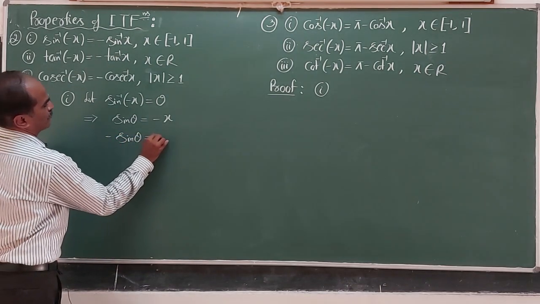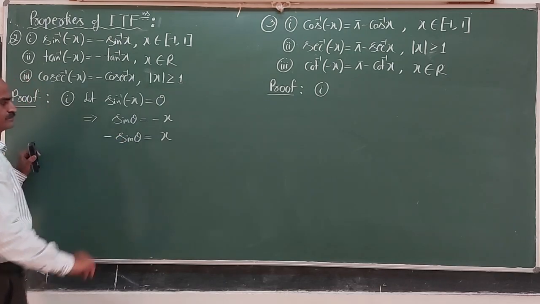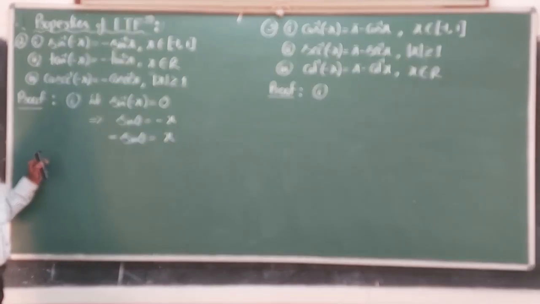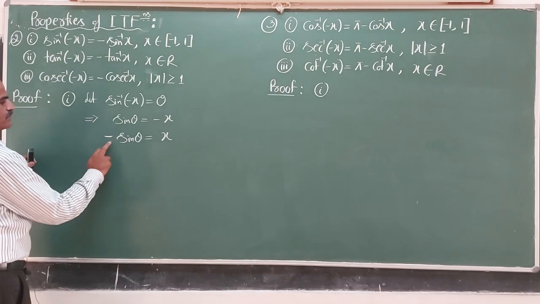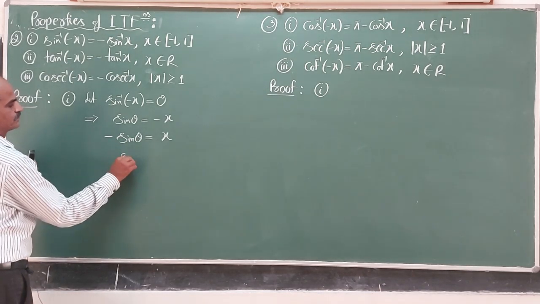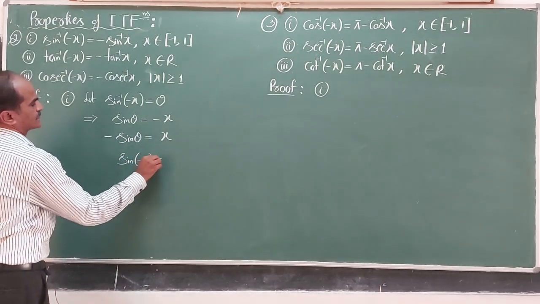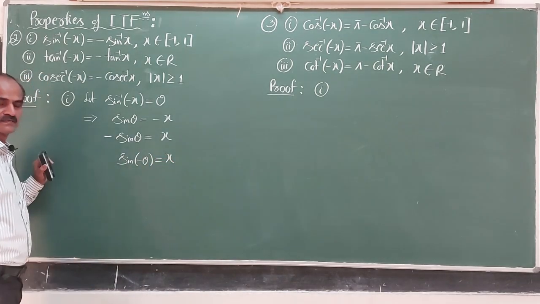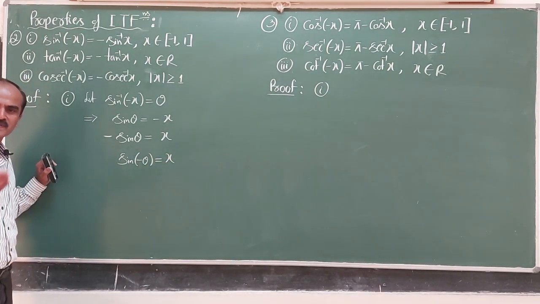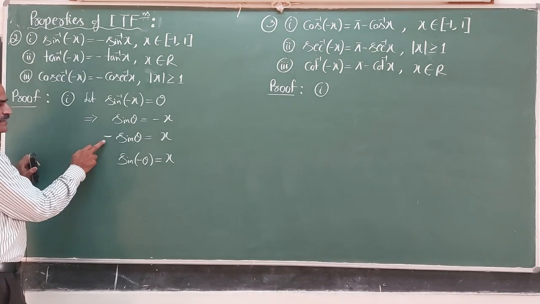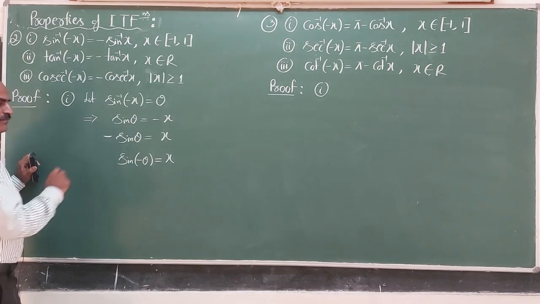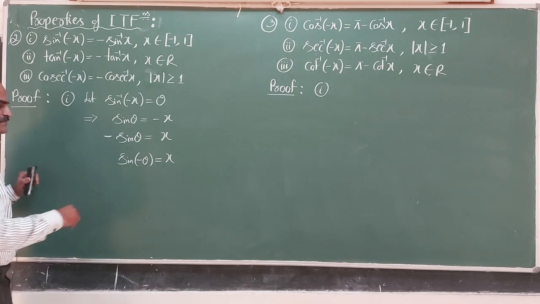I multiply both sides by minus sign, minus sin theta equal to x. I write minus sin theta as sin of minus theta using allied angles. Sin of minus theta is the same as minus sin theta. So I wrote minus sin theta as sin of minus theta. Apply the inverse function now.